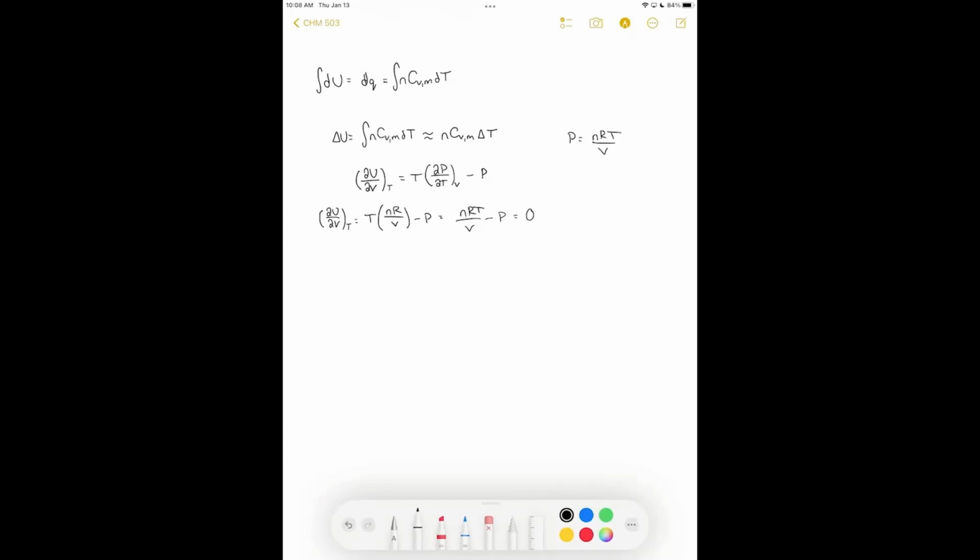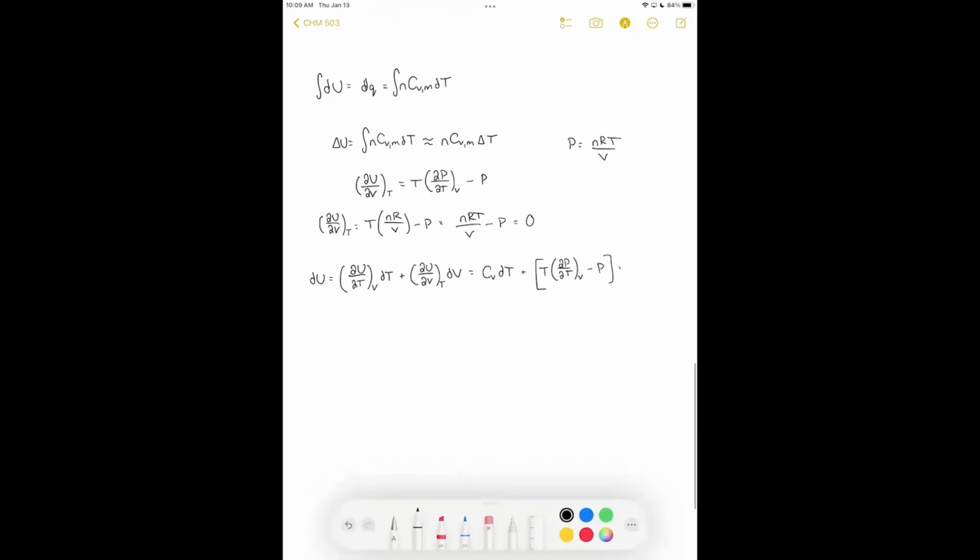To put these things back together, we can say that our exact differential of internal energy, dU, which we initially wrote was dU/dT at constant V dT plus dU/dV at constant T dV, is now equal to Cv dT plus, I'll put this in brackets here, T times dP/dT at constant V minus P, dV. Now, why have we actually done this?